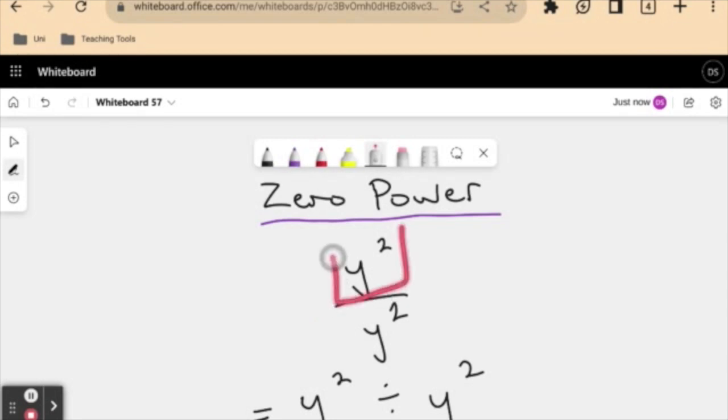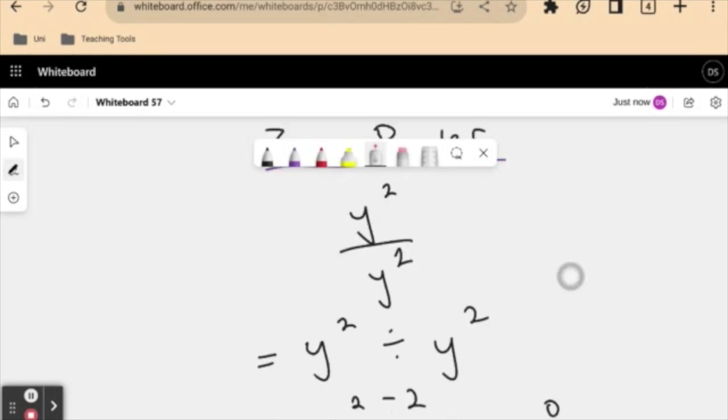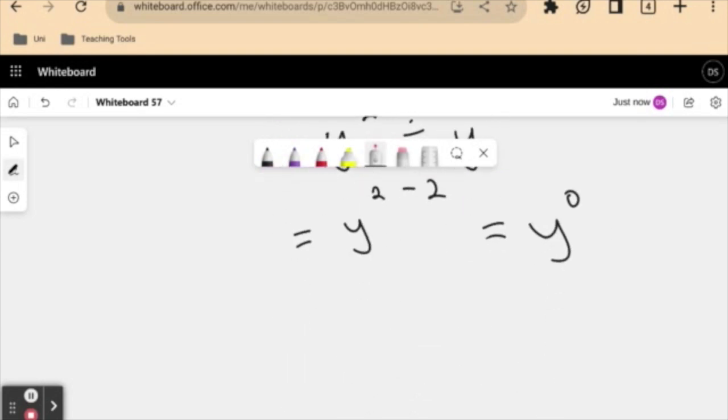But this is some number squared divided by that exact same number squared. And what happens when we divide a number by itself? Well, we just get 1. Therefore, we can say that y to the power of 0 in this case equals 1.